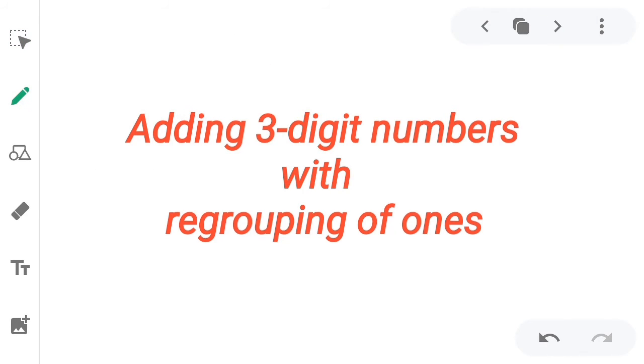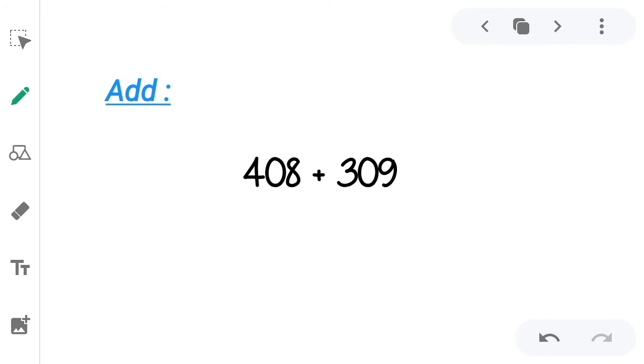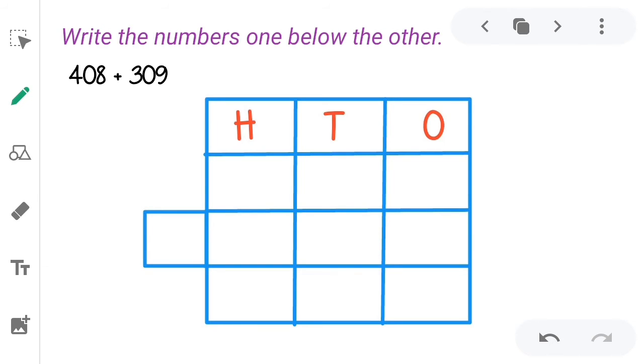The next topic that we will learn here is adding 3-digit numbers with regrouping of ones. So the first question related to this topic that we will solve here is 408 plus 309. So before solving, we will write the numbers one below the other.